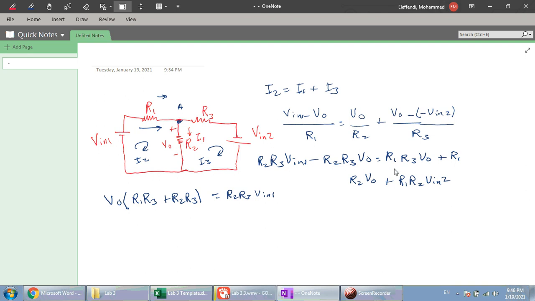Oh, we actually forgot one term in here. We have a term R1 R2 times V out, so I'm just going to add it here. So here we have plus R1 R2, and then we have R2 R3 V in 1 and R1 R2 V in 2.